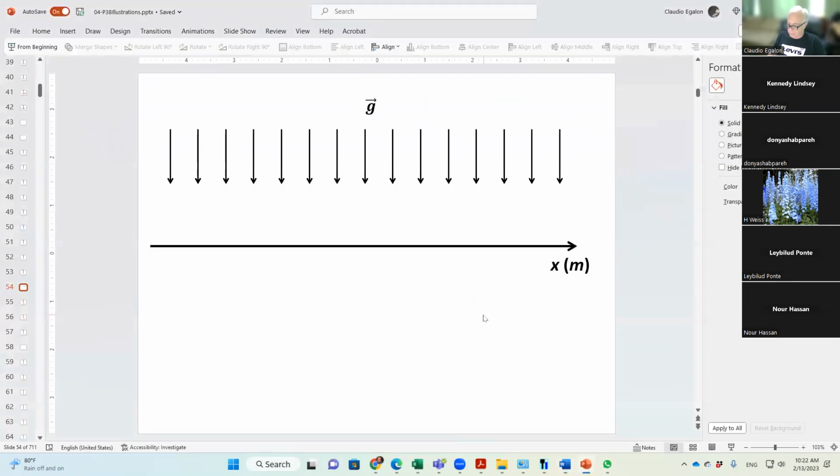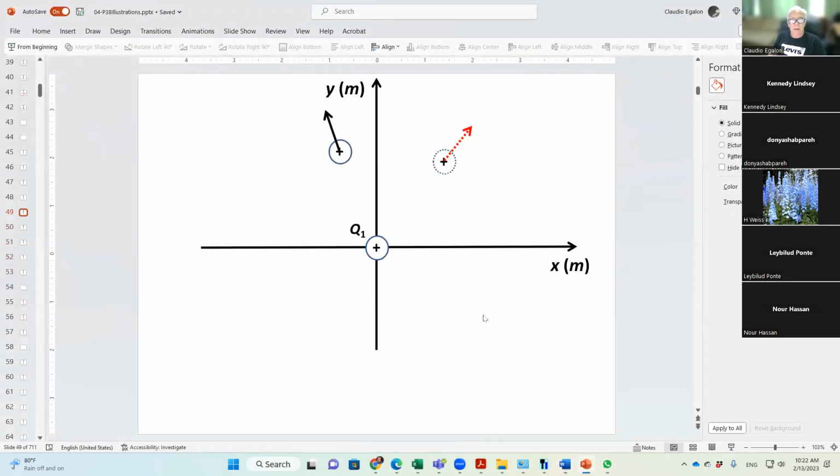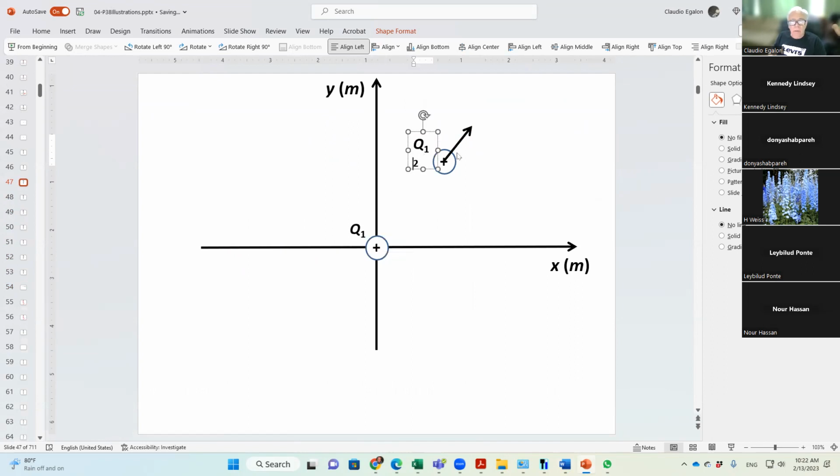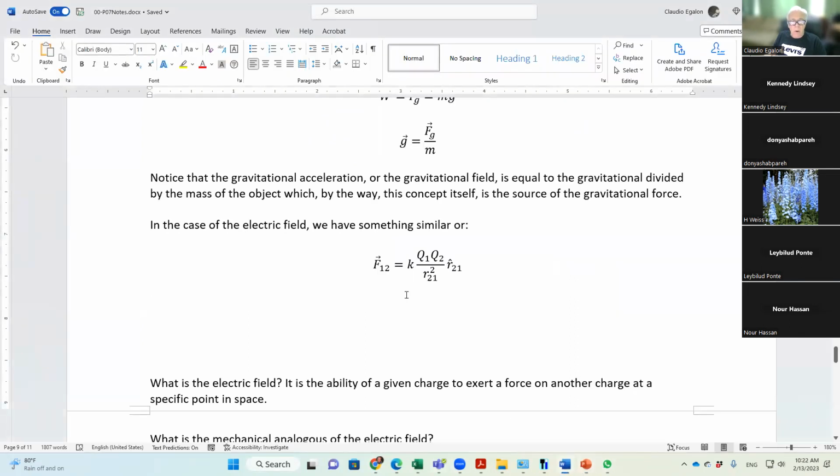Let's go back to this drawing right in here. This one, my charge 1. And let's say this one here is my charge 2, my test charge. Even better, instead of 2, I'm gonna put T for test charge. And I'm gonna change my notation to 1T, okay?